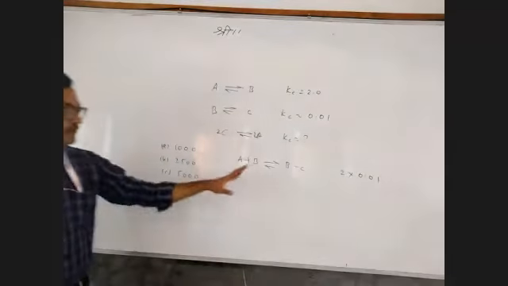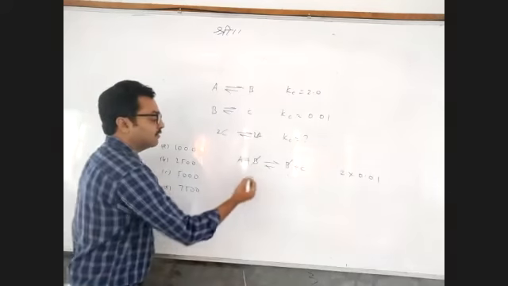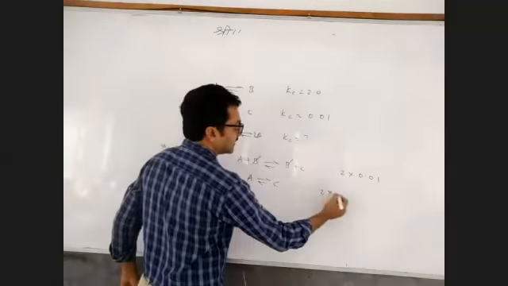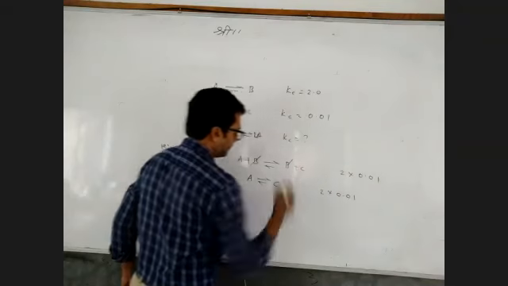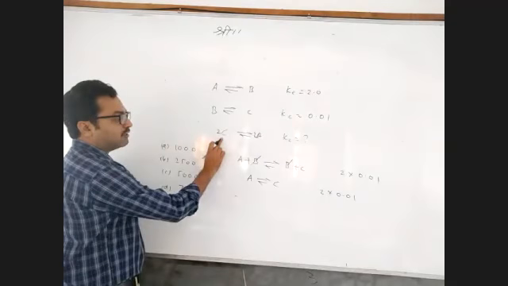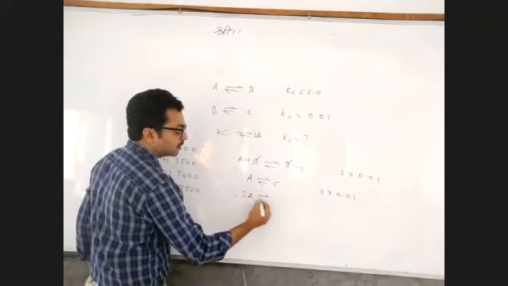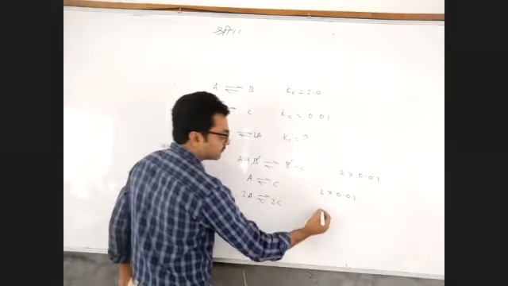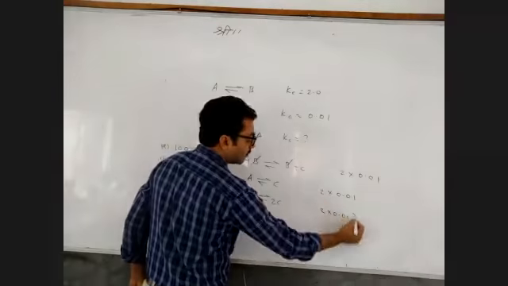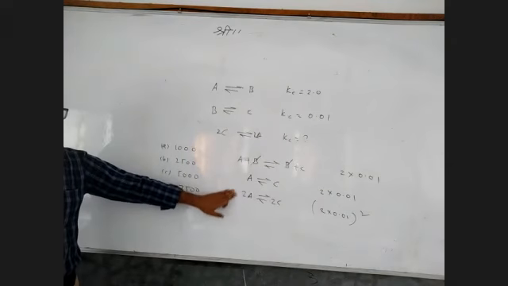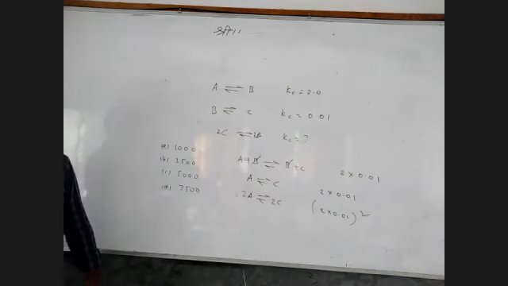So what is that? 2 into 0.01. So B cancelled. We got A gives rise to C, and we got it as 2 into 0.01. But we want 2C to 2A, so I will multiply with 2. Then the equilibrium is the whole square. If I multiply with 2, then the equilibrium will be raised to the power 2.